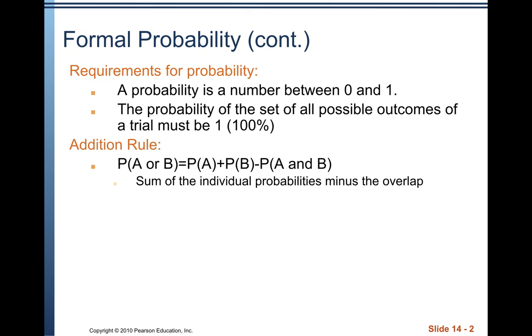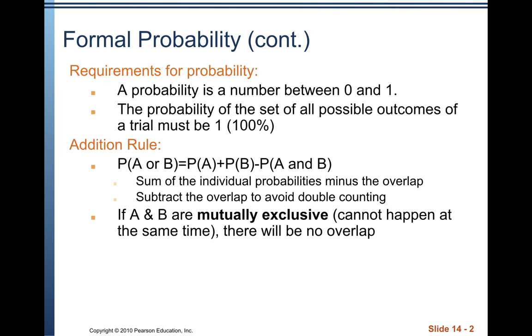So that's what I mean by overlap. The reason we subtract the overlap is to avoid double counting. Like I said, in the example I gave, there are 5s that are also red cards, and you don't want to double count, in order to ensure the most accurate probability.